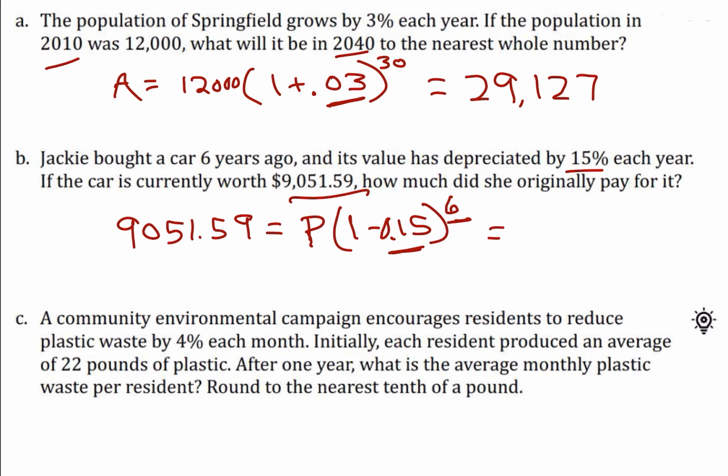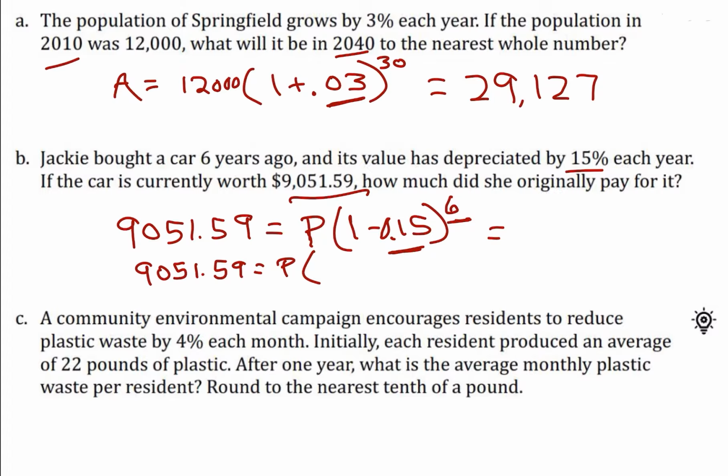Now I'm going to start by rewriting this as $9,051.59 is equal to P times, and on the calculator, if you do 1 minus 0.15, you get 0.85, which we know is 85 100ths.